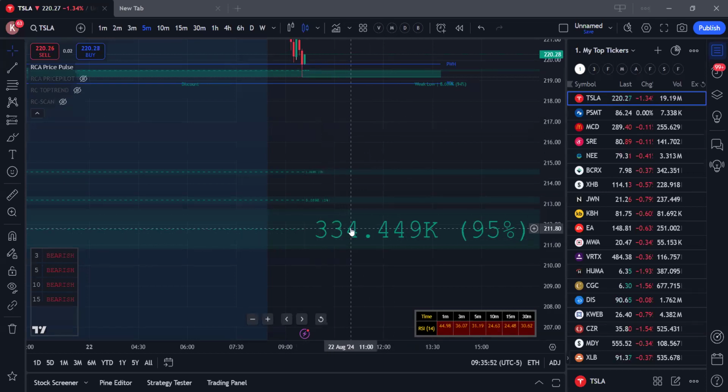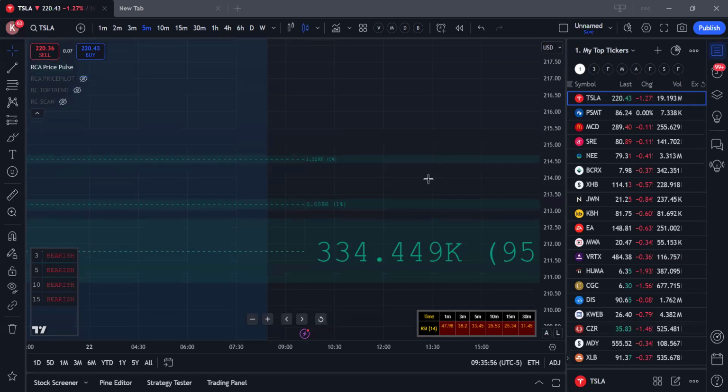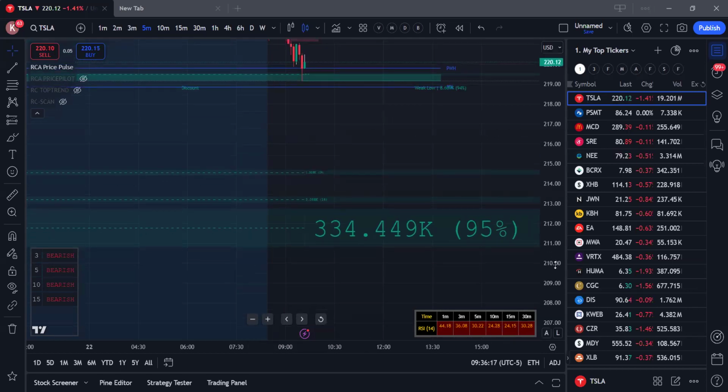You can be very confident. But if it comes here, around $214, there are only 1.3 thousand buy order blocks. There might be more sellers than the number of buy orders, so they can still break the support and come all the way down. So the best time is $212.